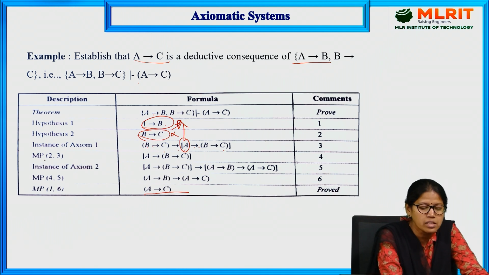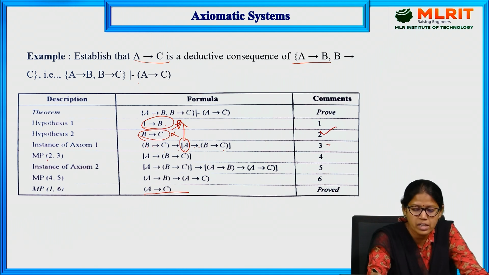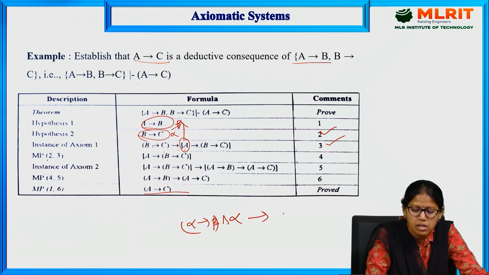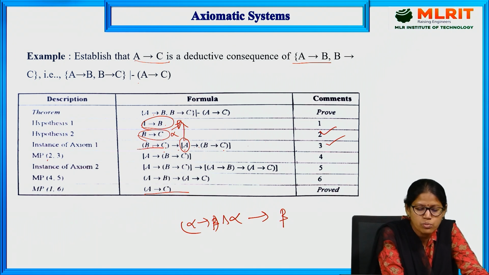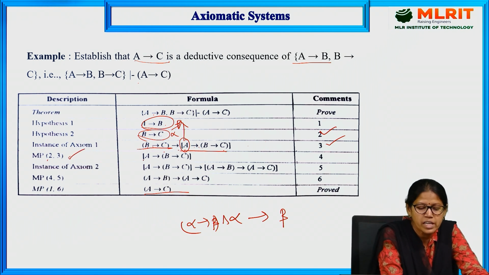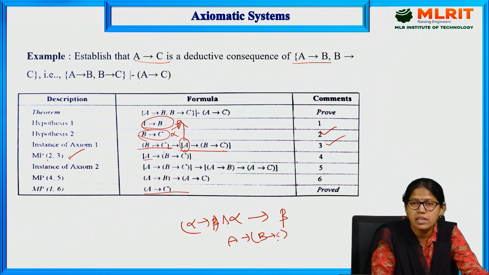Next, the modus ponens rule on 2 and 3. Here alpha implies beta and alpha, then beta is true. So from these 2 and 3 we derived that A implies (B implies C) is true.